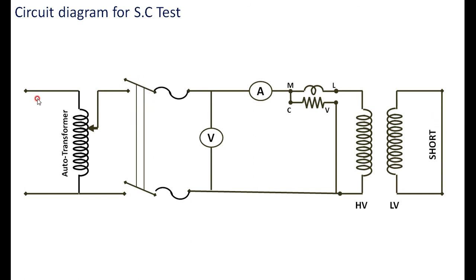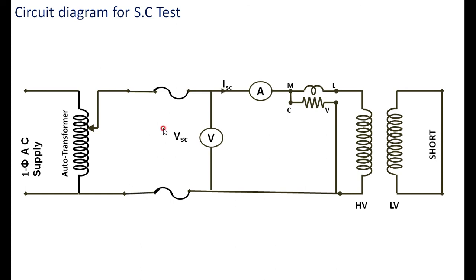Then you close the switch and gradually apply the voltage so that the ammeter reads the rated current. I am applying a single phase supply, such that the current flowing is the rated current. When the rated current starts flowing, you note down the corresponding value of VSC and the value of WSC, that is the wattmeter reading under the short circuit test.